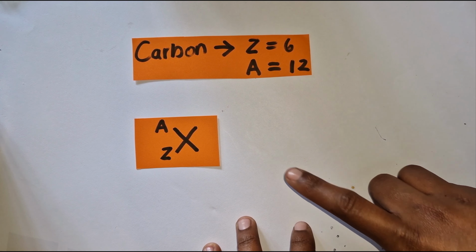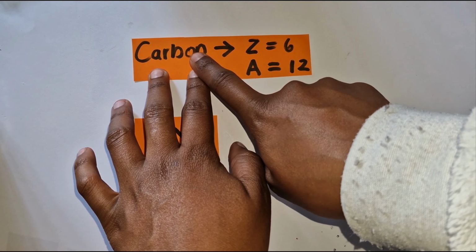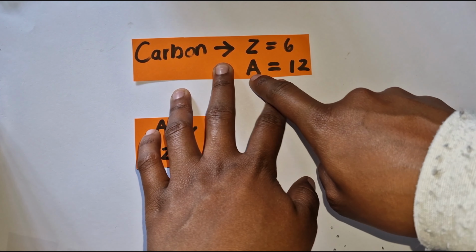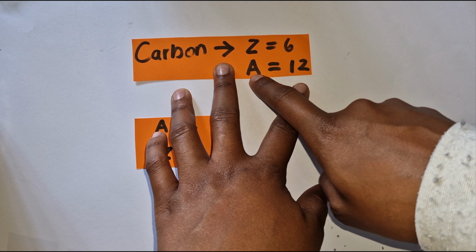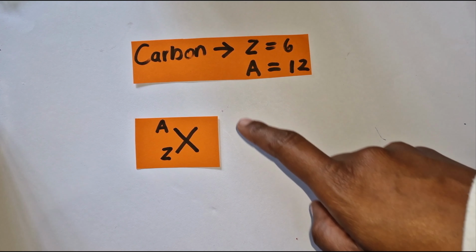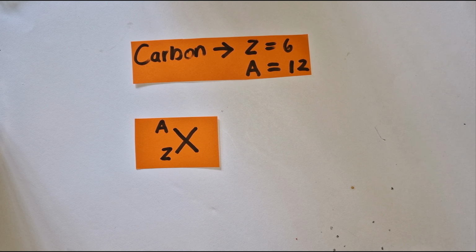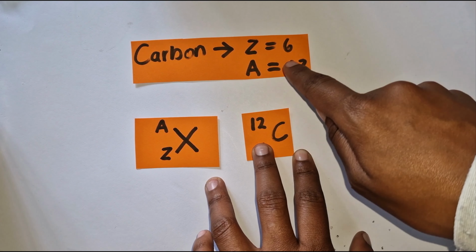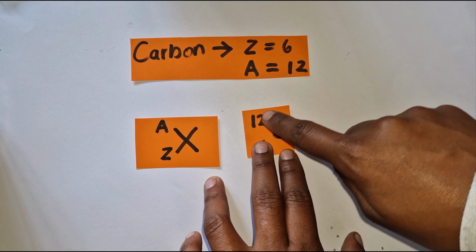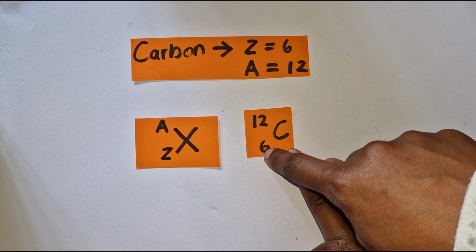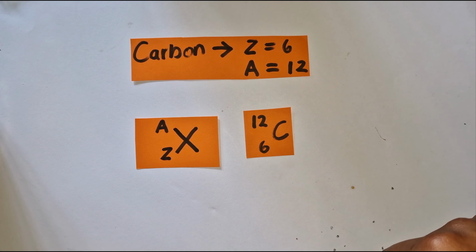We can do a similar thing for carbon as well, which has an atomic number of 6 and an atomic mass number of 12. So how do you think we will write that in standard notation? So we'll say, okay, carbon, atomic mass number of 12, we write it as a superscript, and an atomic number of 6, we write it as a subscript.